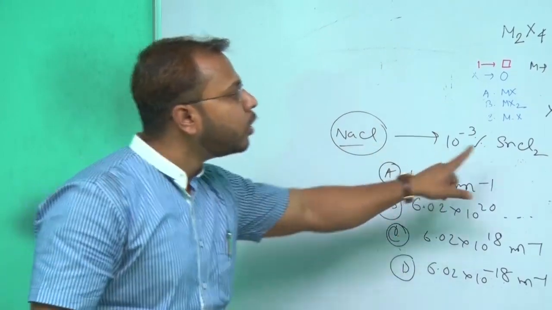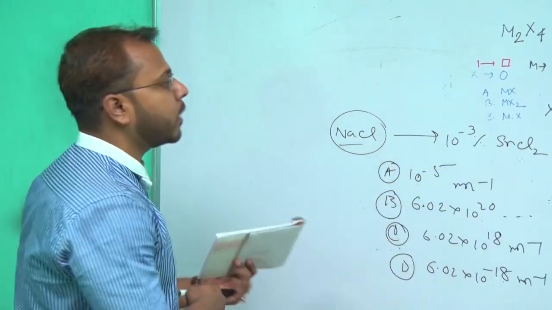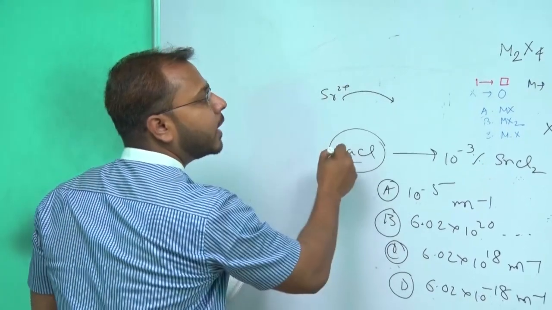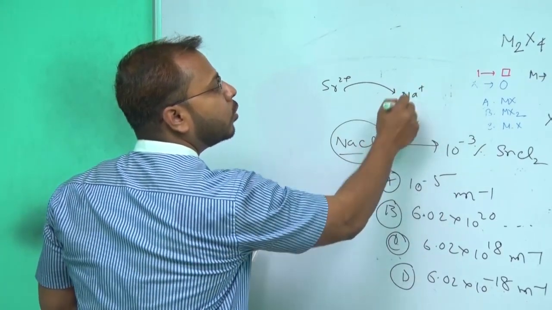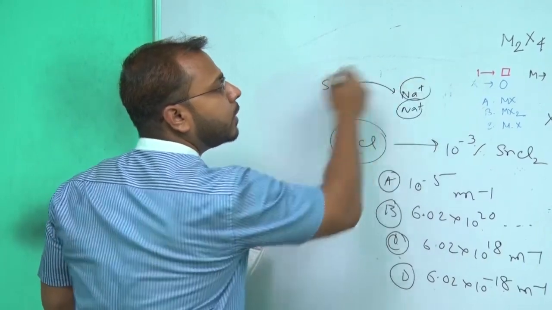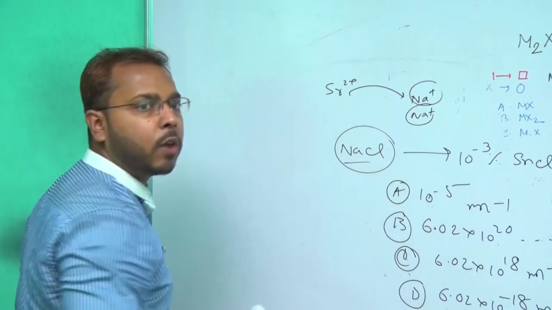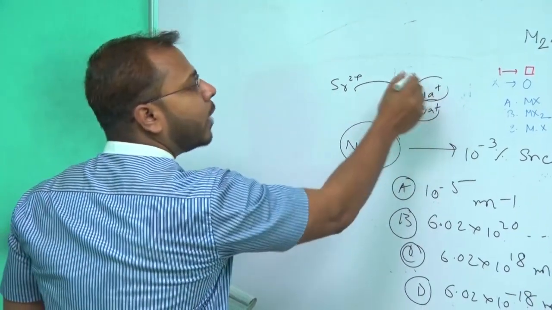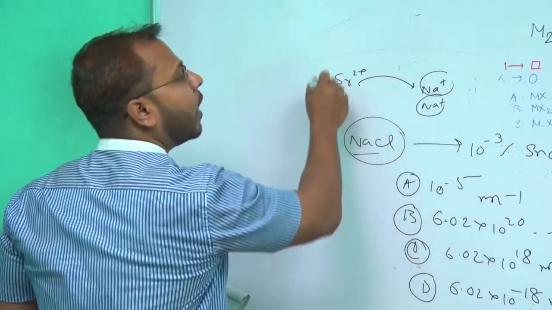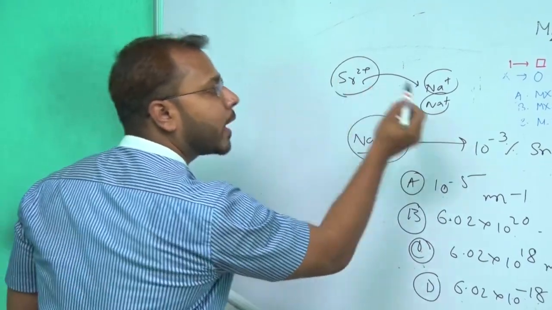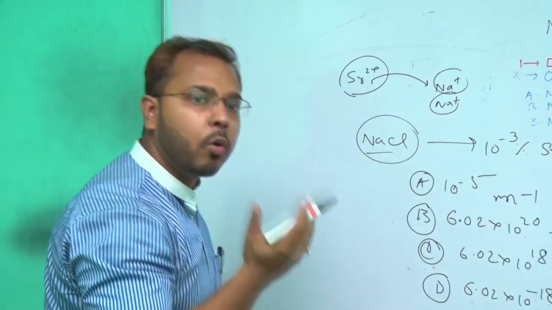I repeat once again, when one Sr2+ comes in the crystal, to maintain electrical neutrality, 2 Na+ will be replaced. That means how many cationic vacancies? Cationic vacancies become 1 because 2 ions are replaced, but one position is occupied by Sr2+. So one cationic vacancy is created.